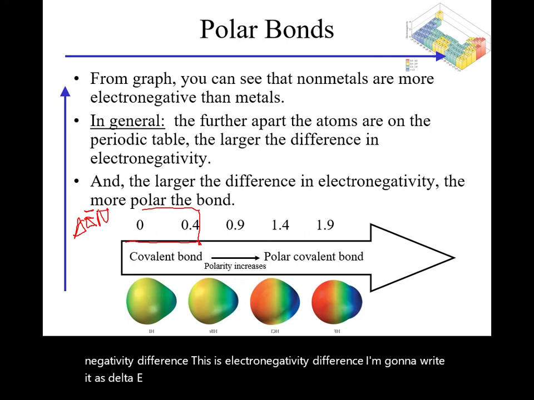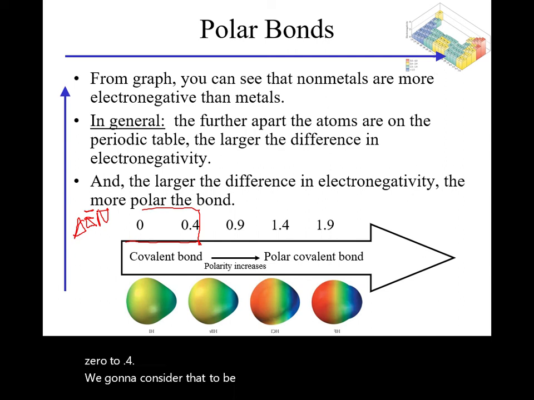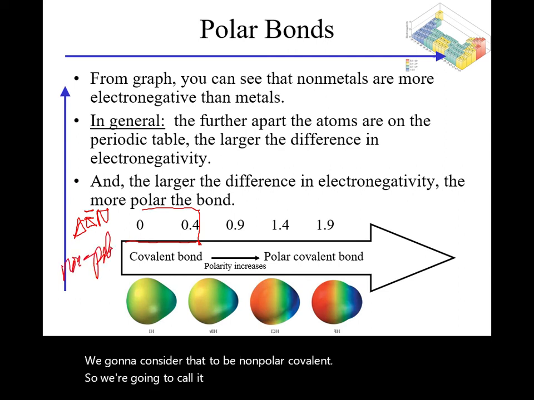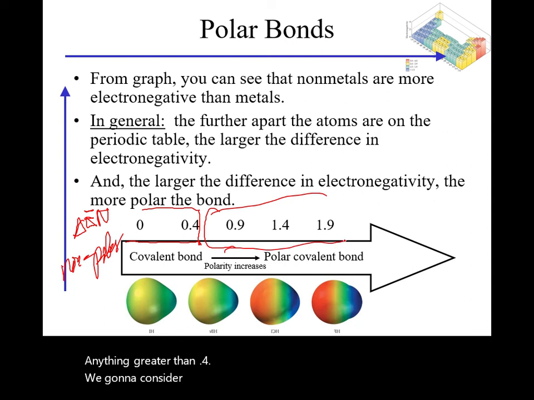That electronegativity difference, if it's from 0 to 0.4, we're going to consider that to be non-polar covalent. Okay, so we're going to call it non-polar covalent. Anything greater than 0.4, we're going to consider to be a polar covalent bond.